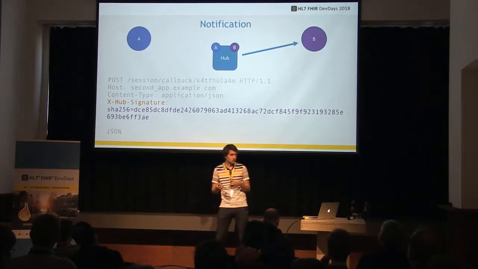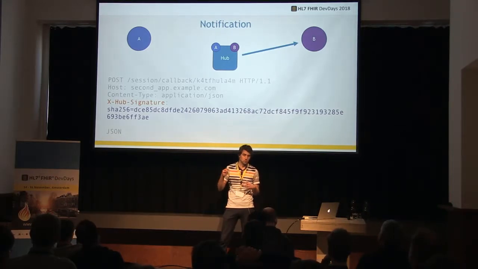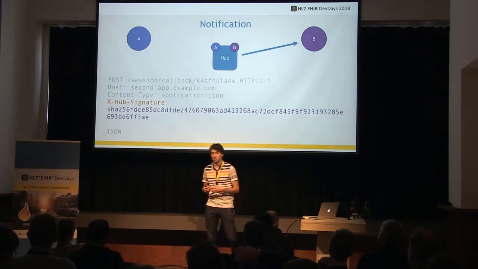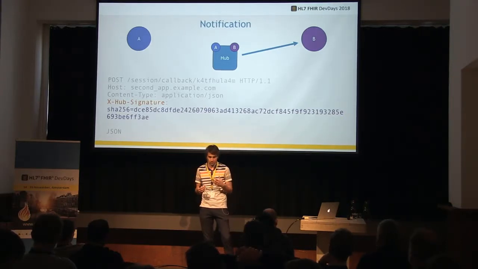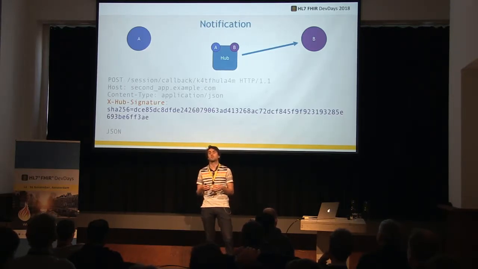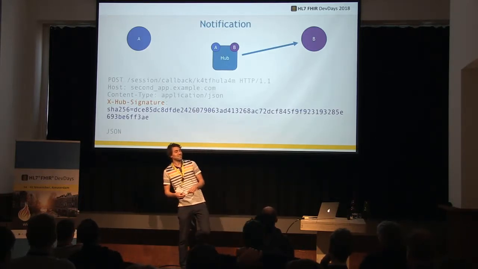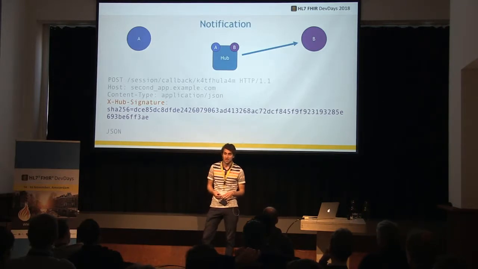And in order for client B to know, securely, that this is sent from the hub that it actually subscribed to, the hub is sending this HTTP header, X-Hub-Signature, with, in this case, a SHA-256 hash, and this is something called an HMAC, if you know what that is.